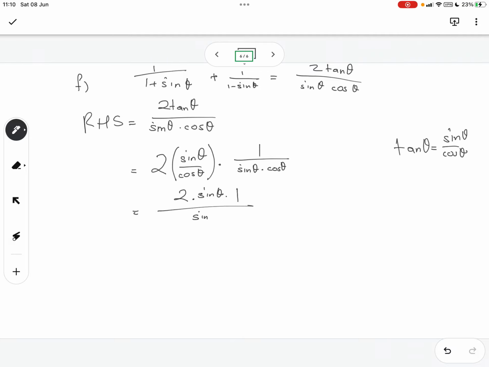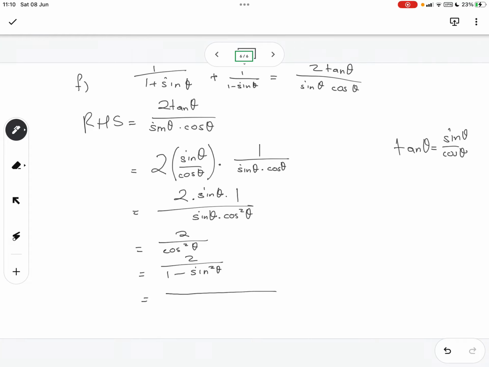Then this becomes 2 times sine theta times 1, I guess, over sine theta times cos squared theta. These two are going to give us 1.